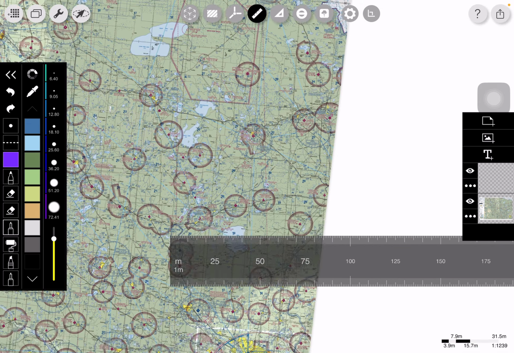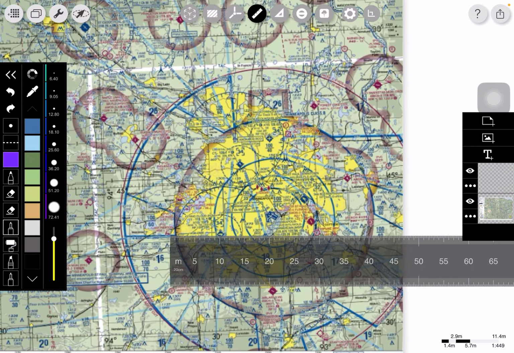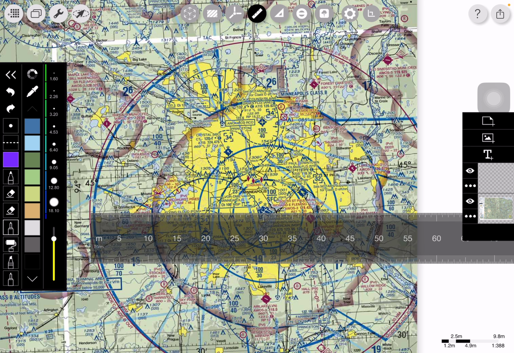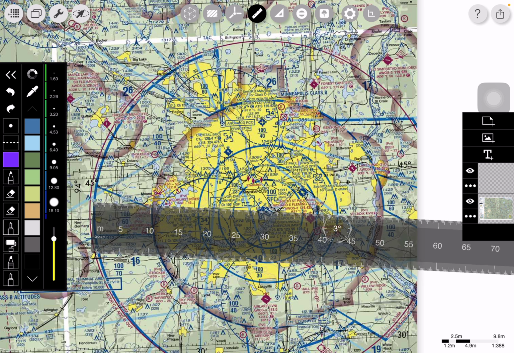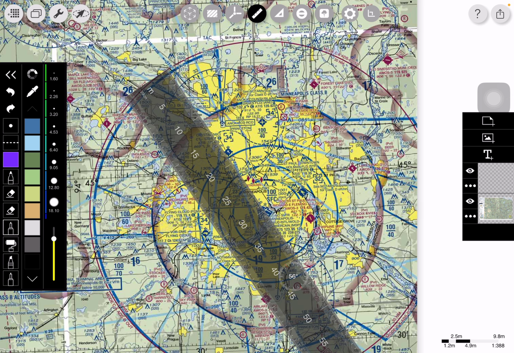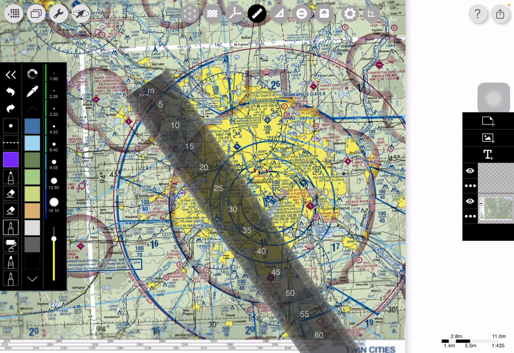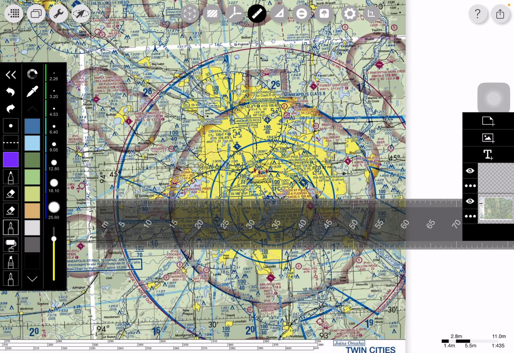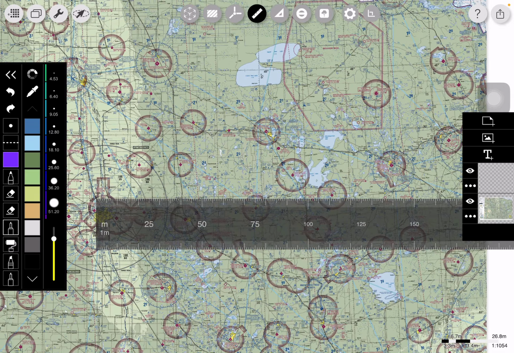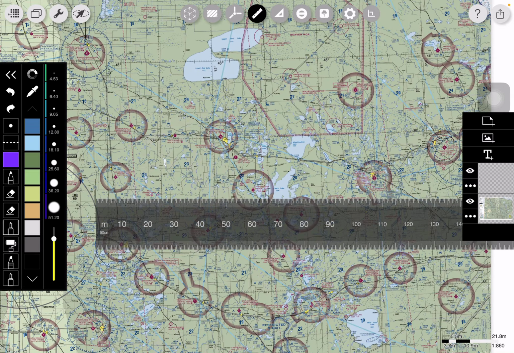Another thing you can do is remember that every class Bravo airspace, such as Minneapolis, has a Mode C veil of 30 nautical mile radius. There it is, around the main airport. So there's that for sanity check. Our scale has been set properly.